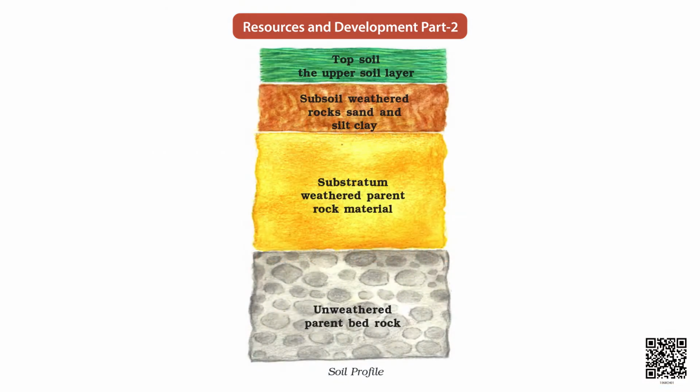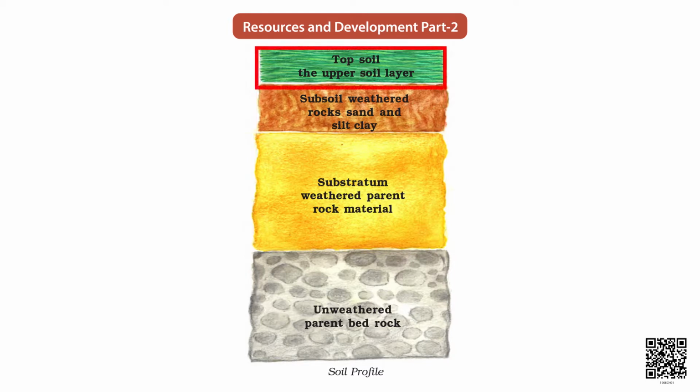This is a diagram of a soil profile. A soil profile is a vertical section of soil as shown in the diagram. The first layer consists of unweathered parent bedrock. The second layer is the substratum consisting of weathered parent rock material. Then comes the subsoil consisting of weathered rocks, sand, silt and clay.